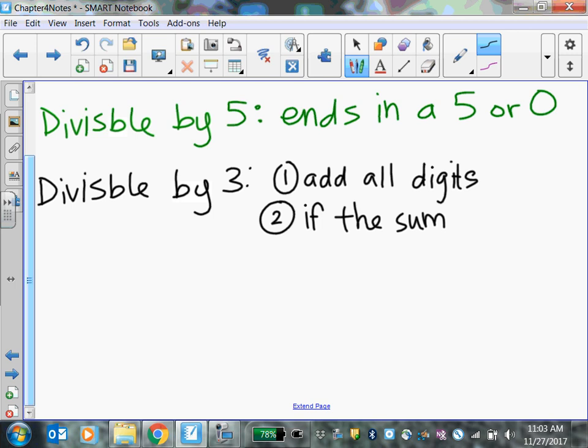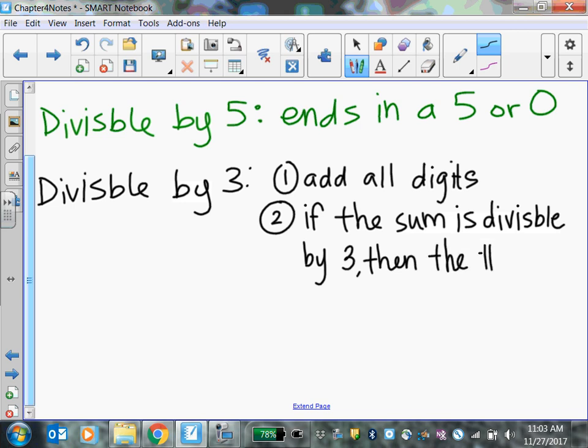Then look at the answer that you just got. If the sum is divisible by 3, then the number is also divisible by 3. We'll do an example, so you might want to leave room for an example.